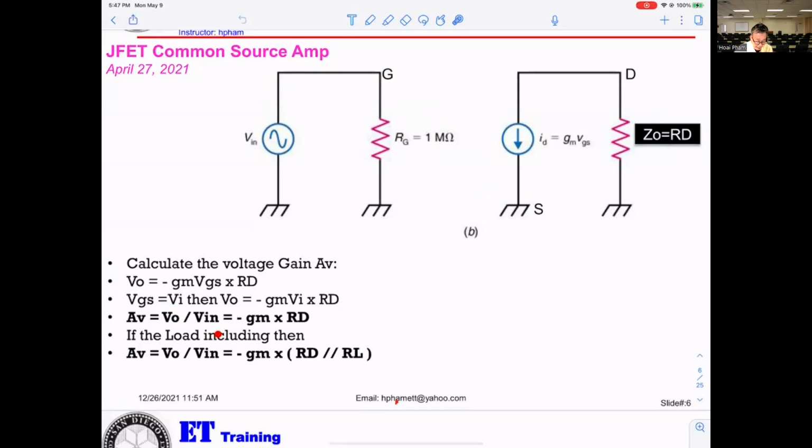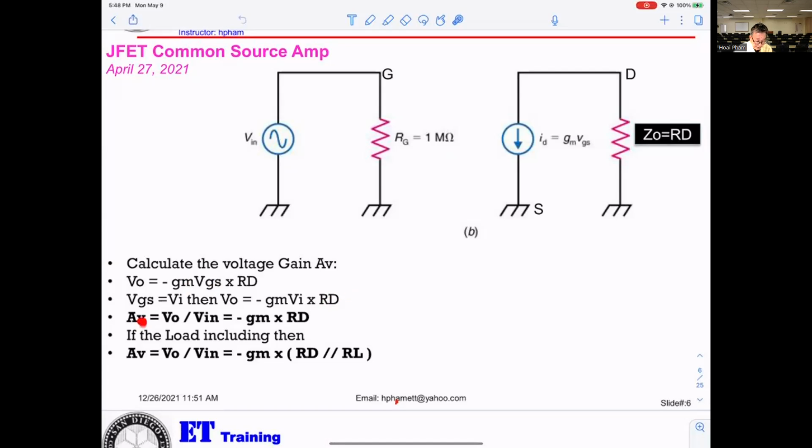So VGS equals Vin. Then Vout equals minus gm VGS times RD.